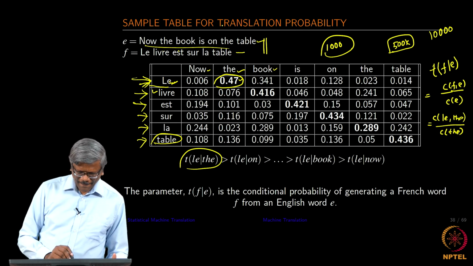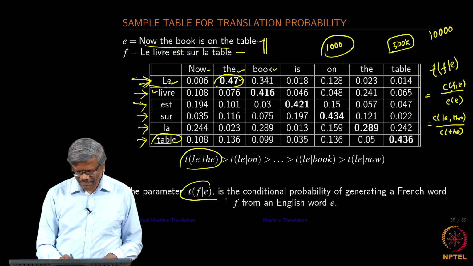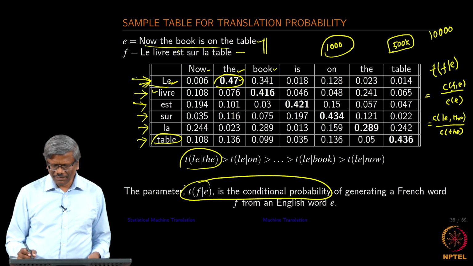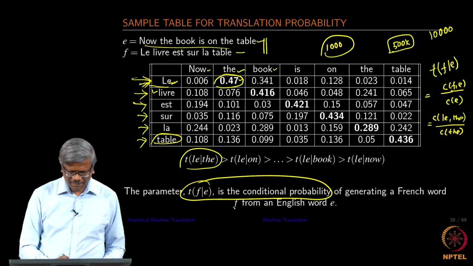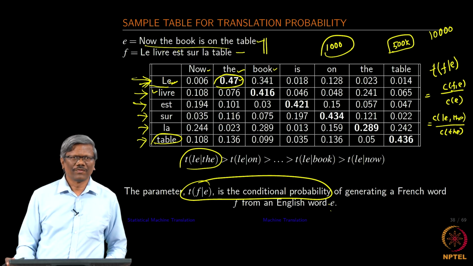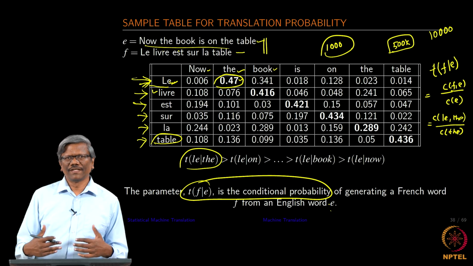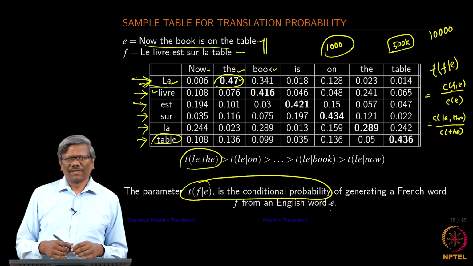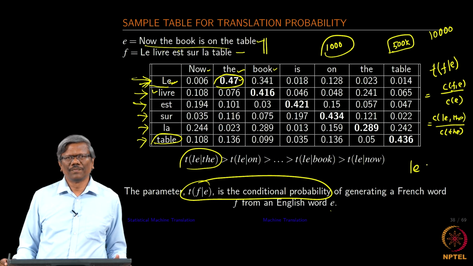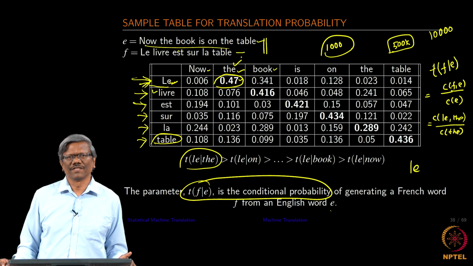So, what is it that we have estimated? We have estimated the conditional probability of generating a French word F from the English word E using them. So, every time when you get a new sentence that contains the first word as le, the probability of you picking up the translation is this.